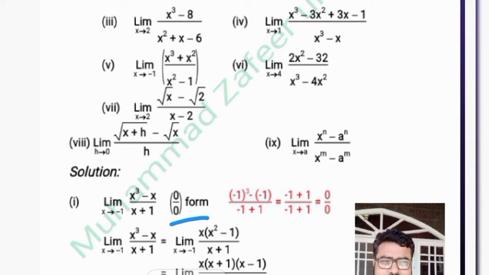As it is asked in the question to apply algebraic technique, it must be 0 by 0 form, and algebraic technique means you have to factorize it, and factorization I have explained represents three terms: middle term break, applying a formula, or taking common.